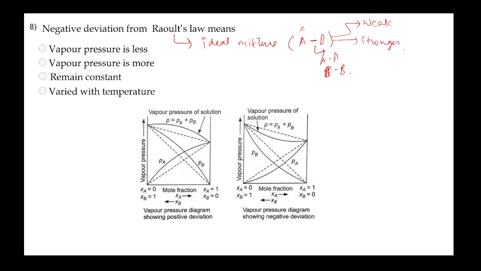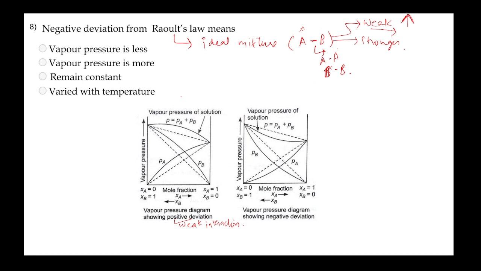Now, depending on the type of interaction, if it has weaker interaction, then the mixture will boil faster and the pressure exerted will be more as compared to the one exerted by pure components. This is known as positive deviation, where you observe weak interaction from the one in the case of pure components.